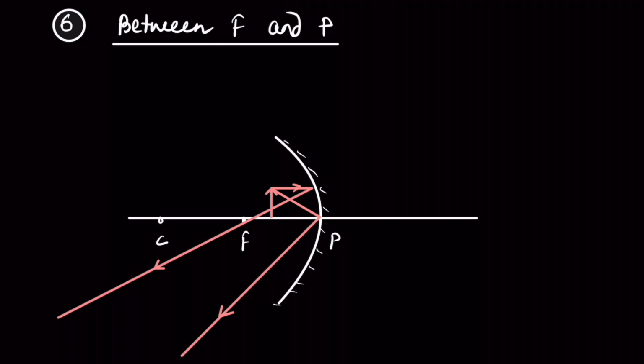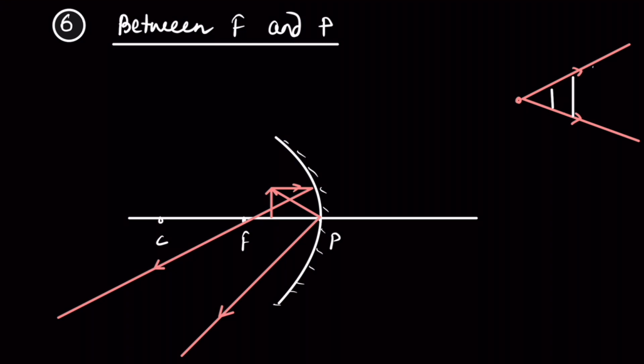Let's take as an example a point source here. If we take two rays, one going this way, another following this path, when they go away, the gaps are increasing. It means it is diverging in nature.